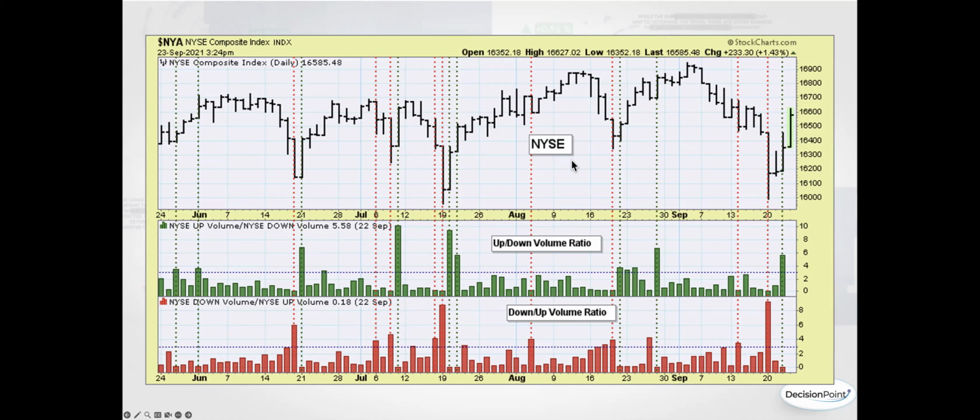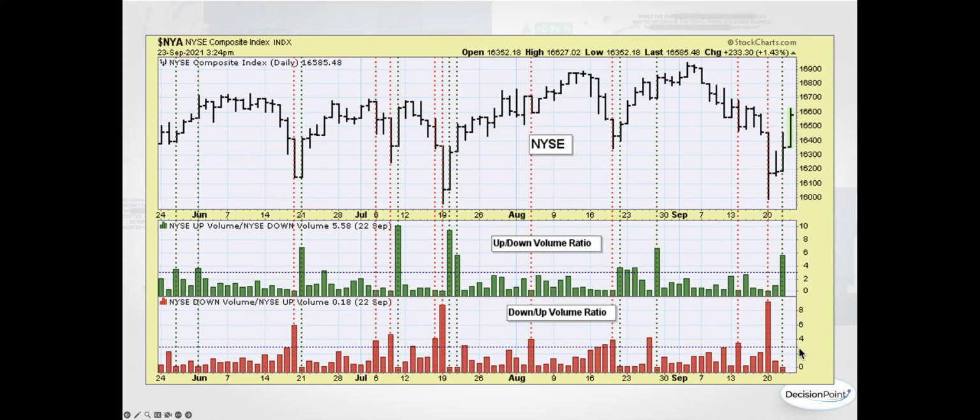But then there's the job of figuring out whether it's an initiation or an exhaustion. I know this is kind of confusing, so I'm trying to take it slow. All right, so let's look at a couple here. Here's a couple of obvious ones. We have an arbitrary line of 3.